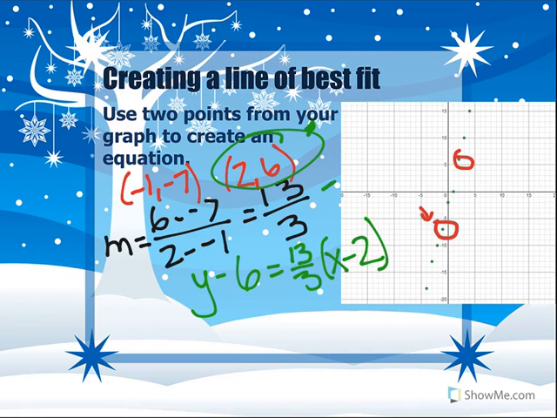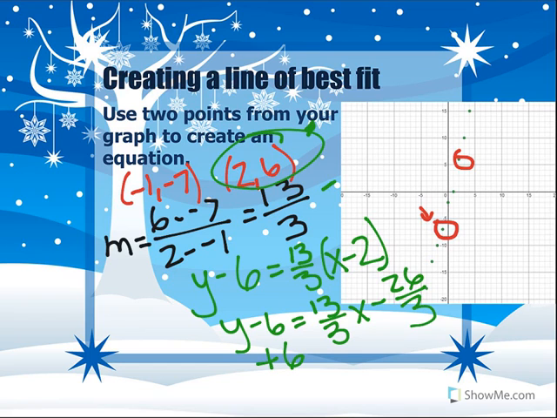To put this in slope-intercept form, I would distribute, so I would get 13/3 x minus 26/3. Then I could add 6 to both sides. Adding 6 would be the same as adding 18/3. So now I end up with y equals 13/3 x minus 8/3. And that's what we're doing today.